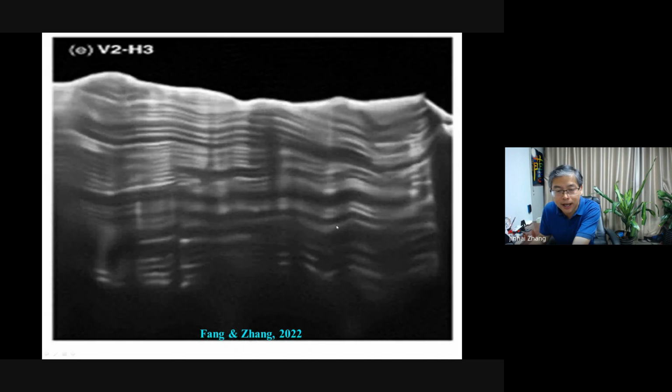Also, the reflectors are greatly improved, and the lateral continuity is also improved. So this method will be very helpful for geologists or geophysicists to improve their interpretation of the subsurface structures. That means we can obtain a more accurate geological process of Mars or the Moon.